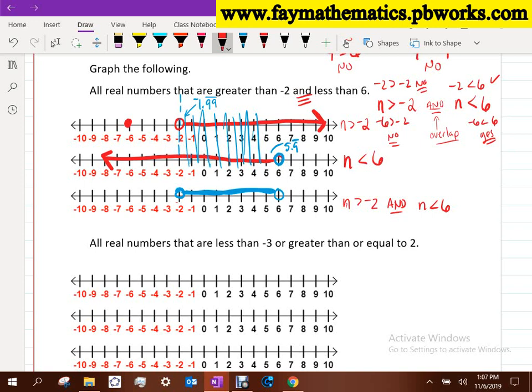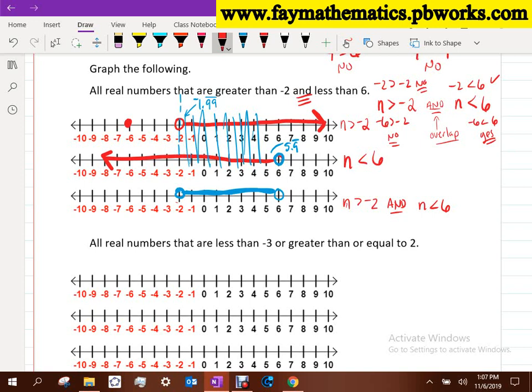Now, when I say these blue solutions, are there only 1, 2, 3, 4, 5, 6, 7 solutions? Are -1, 0, 1, 2, 3, 4, and 5 the only solutions that work? No. What other numbers work? Decimals, fractions, and even numbers like pi and square root of 2, so there are irrational numbers up there. There's actually an infinite number of values there.